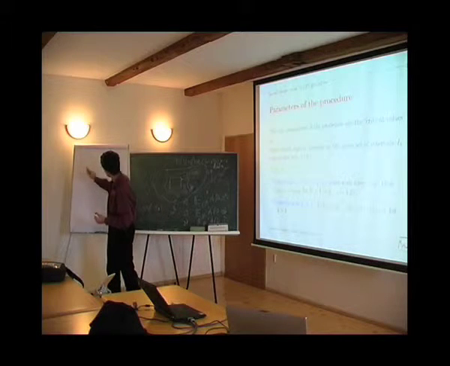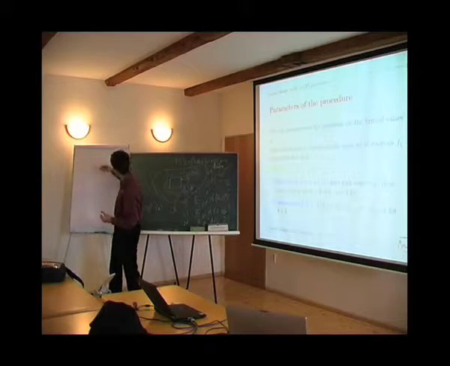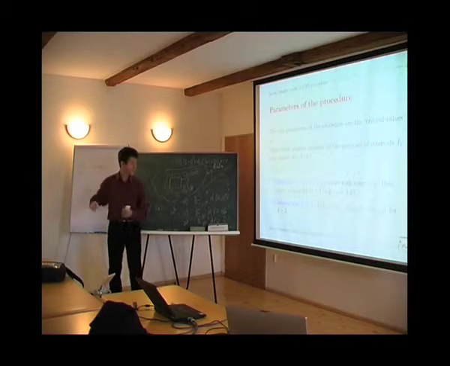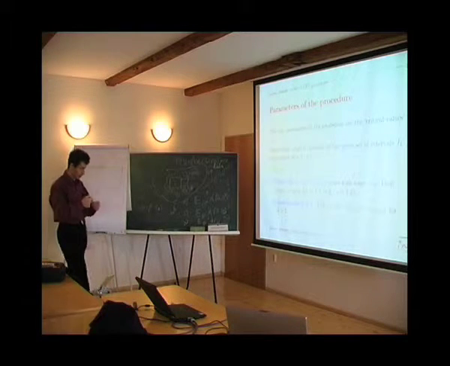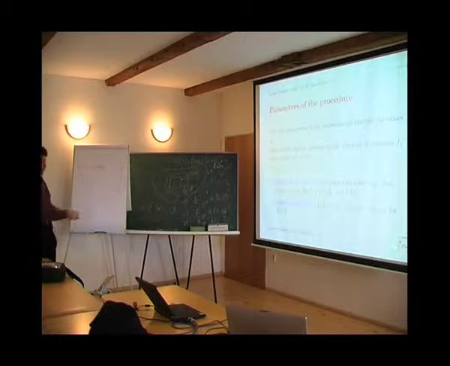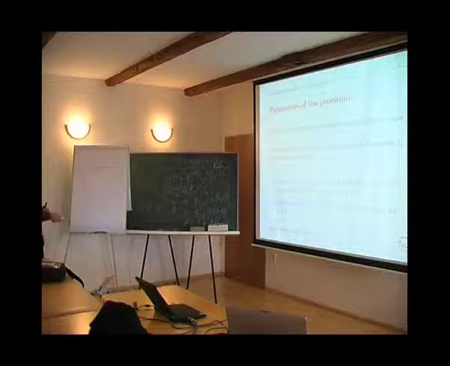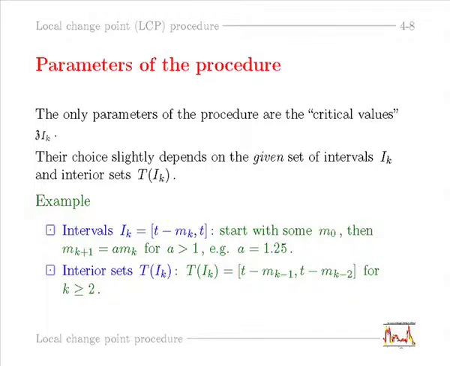And if you go further, then again you take this interval, which is shown exactly here. The set of candidate change points is the difference between the interval k minus 1 and the interval k minus 2. And this automatically provides that every time point in the history is only once a candidate for the change.